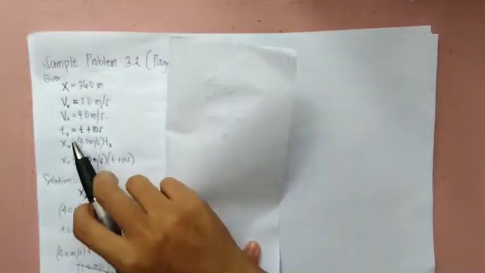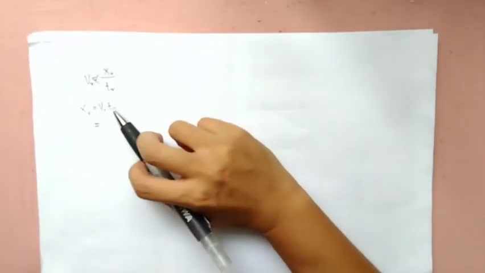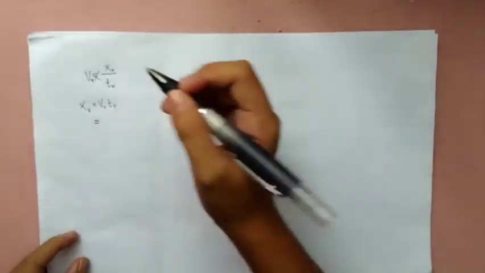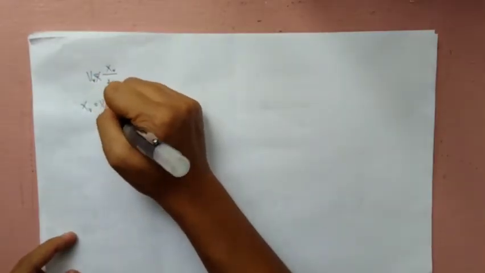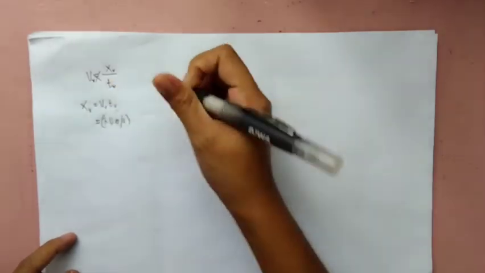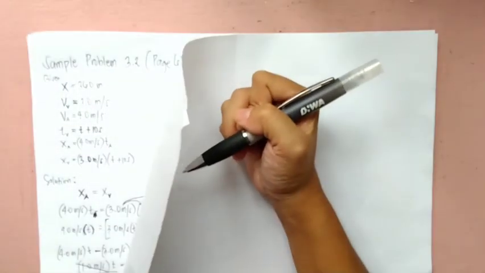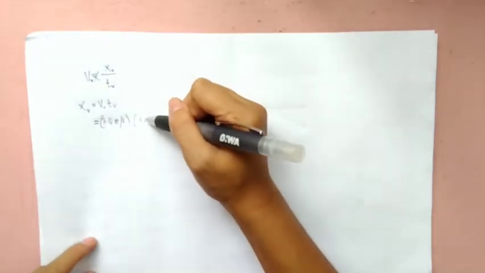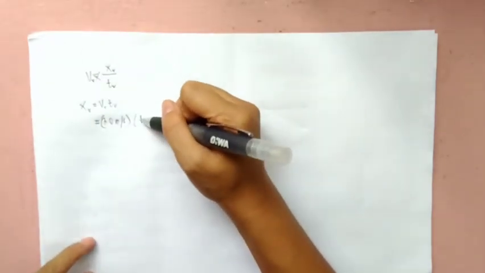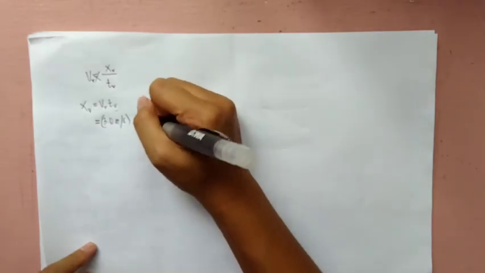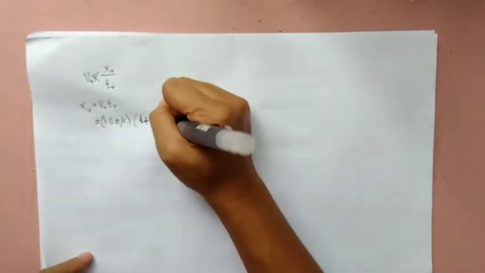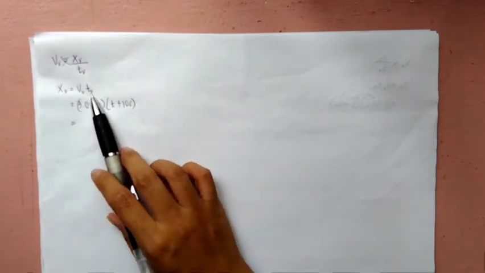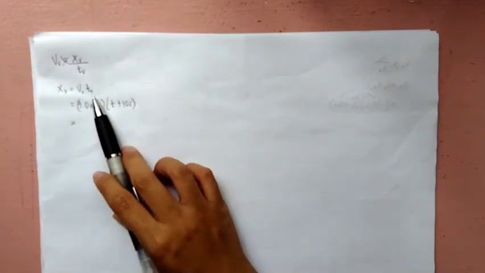And Vanya's time, or t sub v, is t plus 10 seconds. So directly substitute 3.0 meters per second times t plus 10 seconds. We are done substituting the values of v sub v and t sub v.